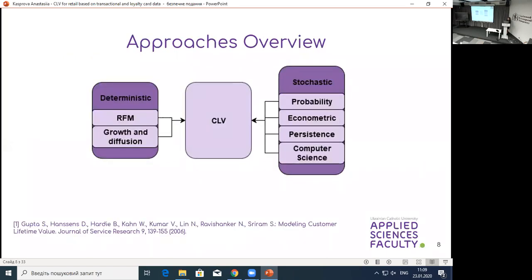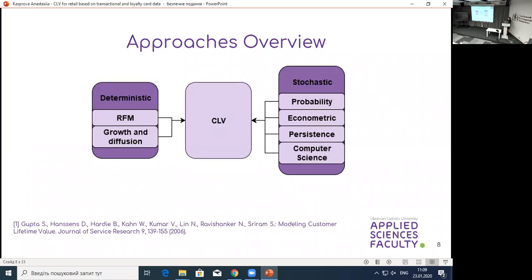In 2006, Sunil Gupta from Harvard Business School classified all the approaches towards CLV modeling, and he split them into deterministic and stochastic, and these two approaches combined together recency frequency monetary value approach, growth and diffusion, probability, econometric, persistence, computer science.